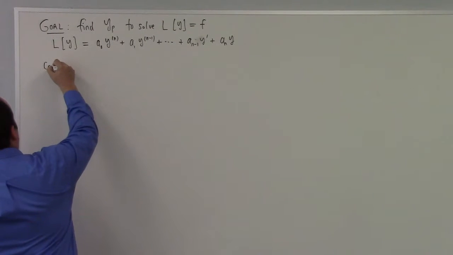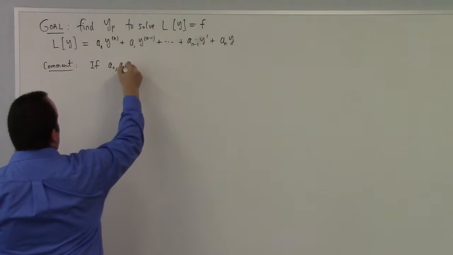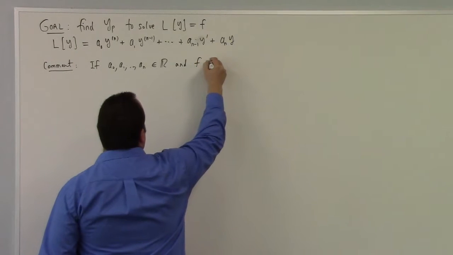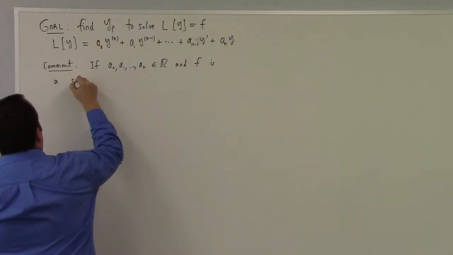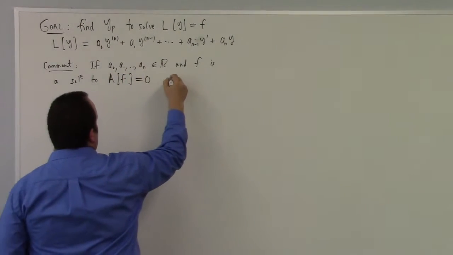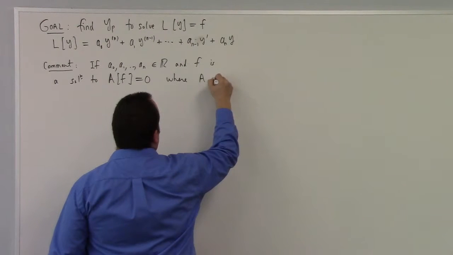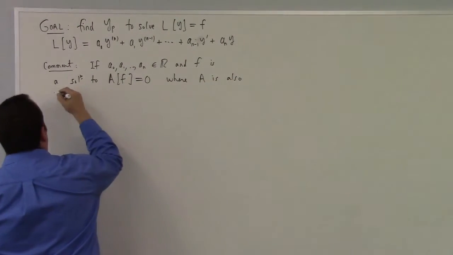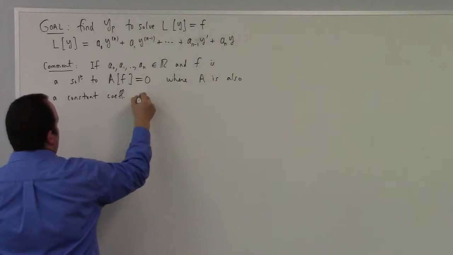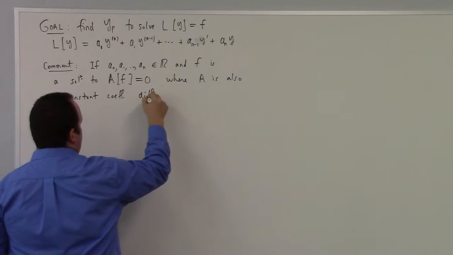So, just a reminder: if a naught, a1, through a n are real numbers, and f is a solution to AF equals 0, where A is also a constant coefficient differential operator, if that makes sense to you guys.